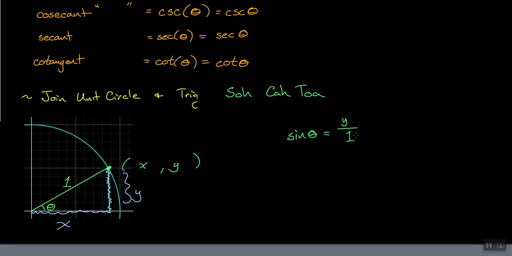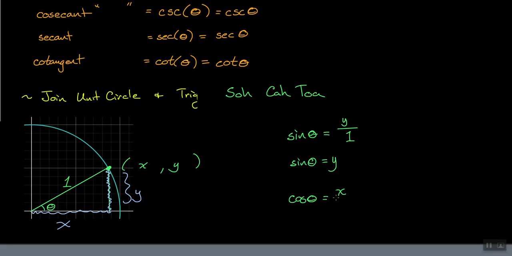This feels unnecessarily clunky right now. Y over 1 just feels odd to write. I think we could simplify that. If I asked what's sine of theta, nobody's going to read y over 1. You're going to tell me it's y. I want you to do the same thing for cosine for me real quick. Cosine of this theta, what would it be on this triangle using SOHCAHTOA?